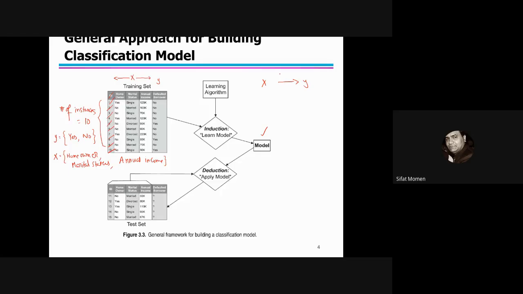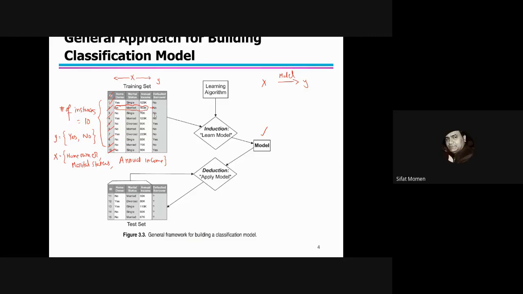So if you give the model these X values, it should be able to predict what the corresponding Y value would be. Is this clear? Is that okay?